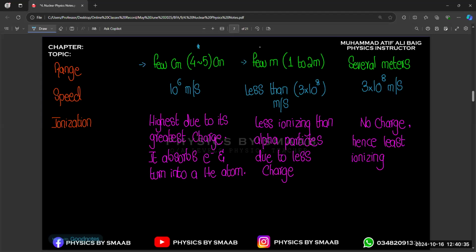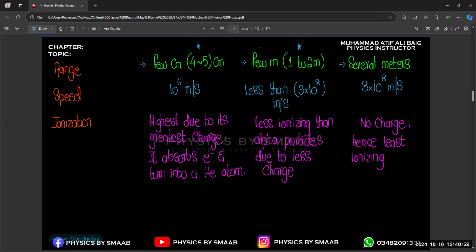If we talk about beta, beta can travel a few meters, like 1 to 2 meter. Okay, not a very long distance, but a few meters. And if we talk about gamma, gamma can easily travel several meters. Okay, so this is the range of alpha, beta, and gamma.